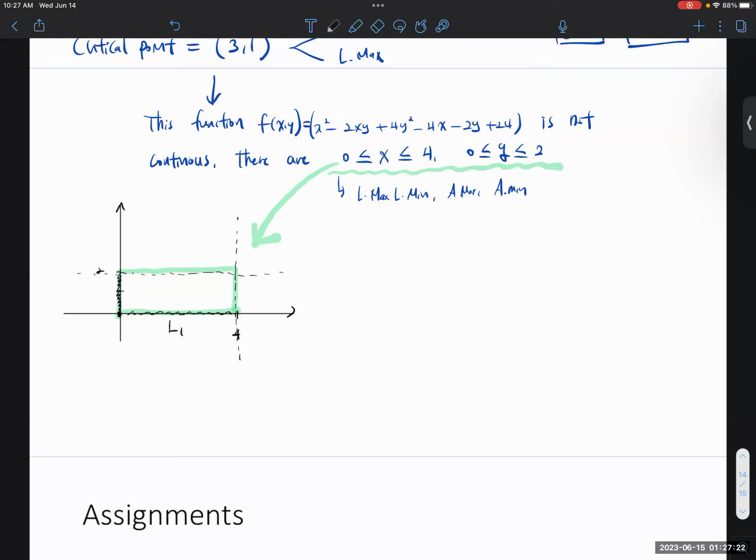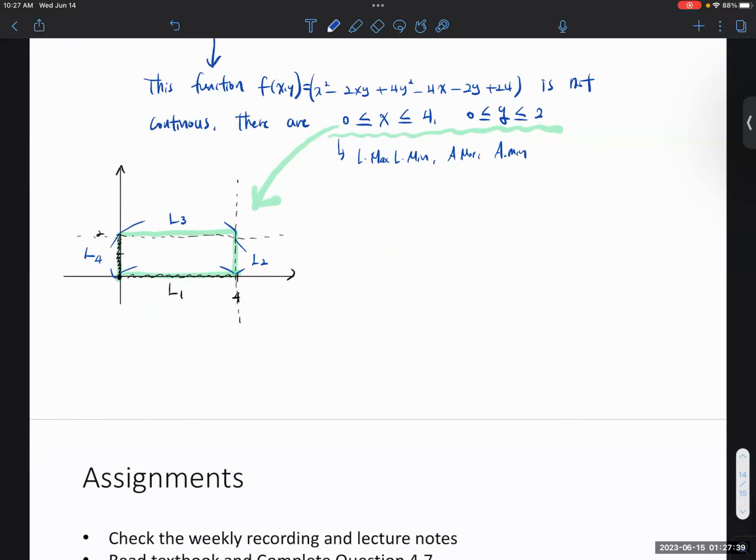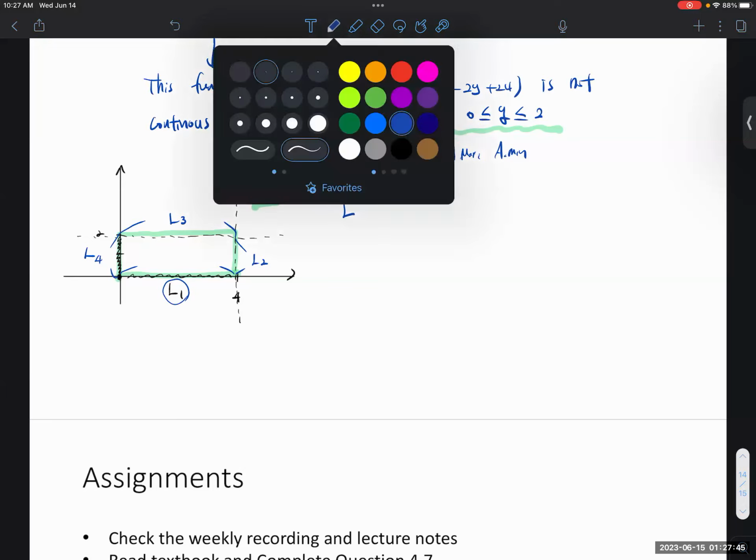So I'm going to name each line. Let's say this is L1, and this is L2. And this line, let's say L3, and this is L4. Okay, so I'm going to look at each line's characteristic. L1, I'm going to use the black color.